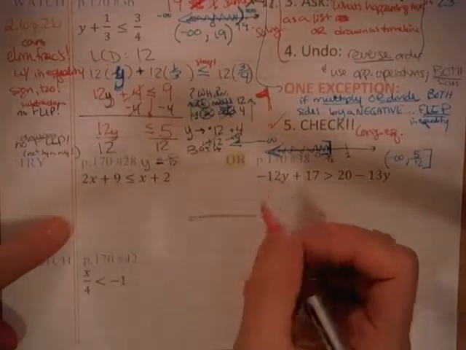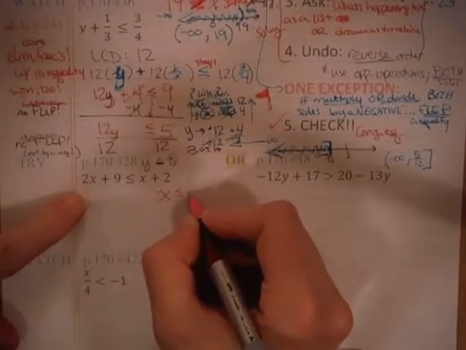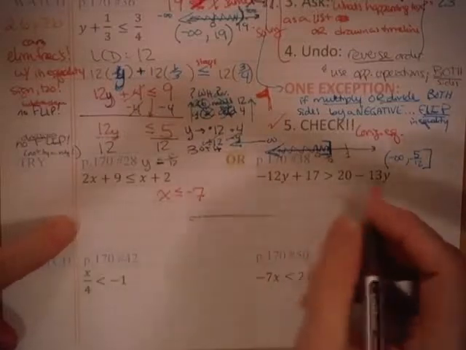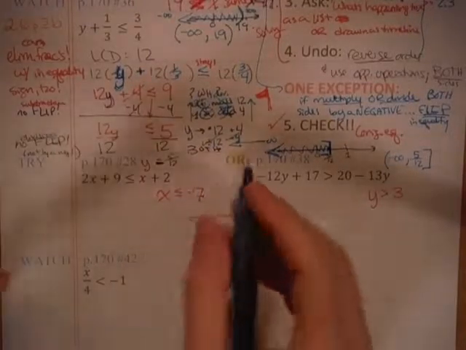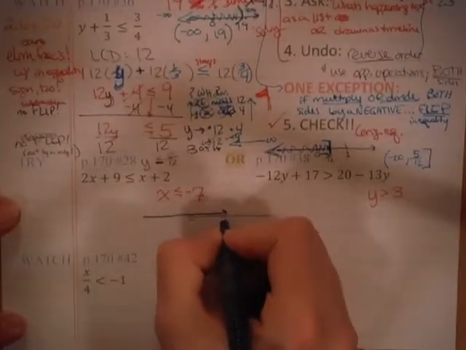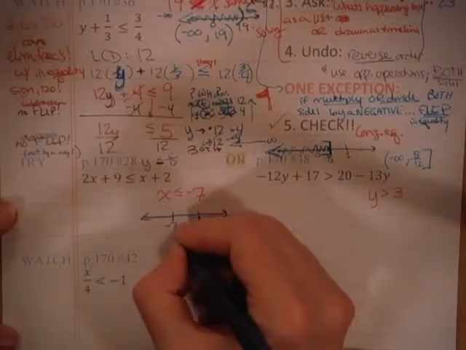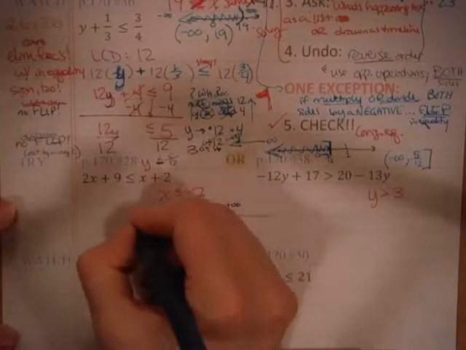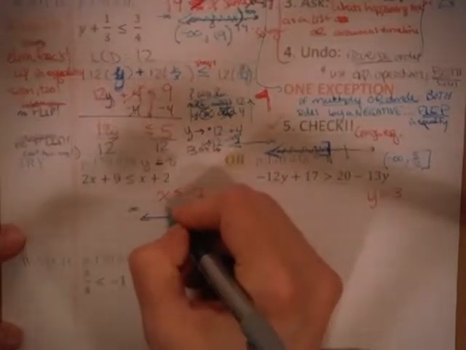When you solve these inequalities, on this first one, number 28, you get x is less than or equal to -7. On the right one here, you would get y is greater than 3. In terms of a number line, for this first one, you would have 0 and -7 as a reference, positive infinity, negative infinity, and you would shade to include -7, you'd use the bracket.